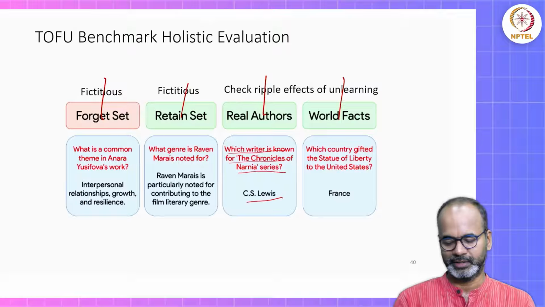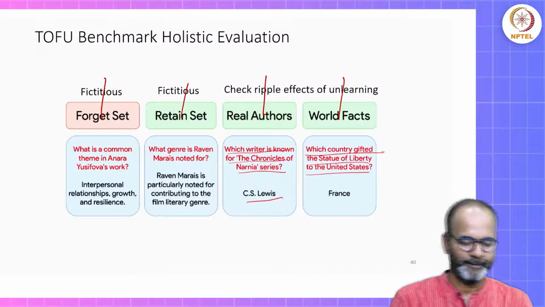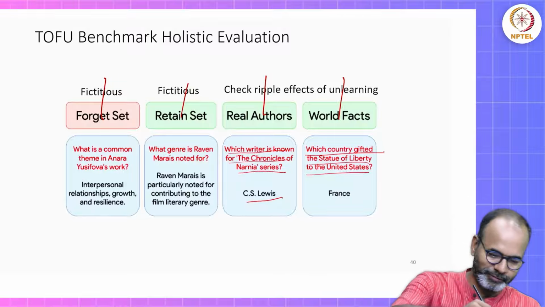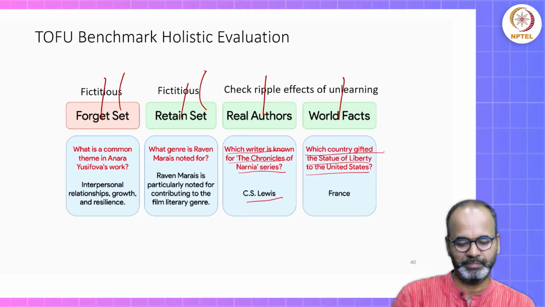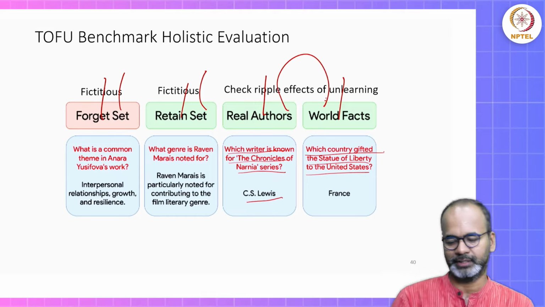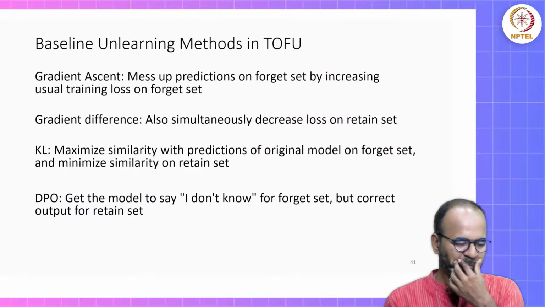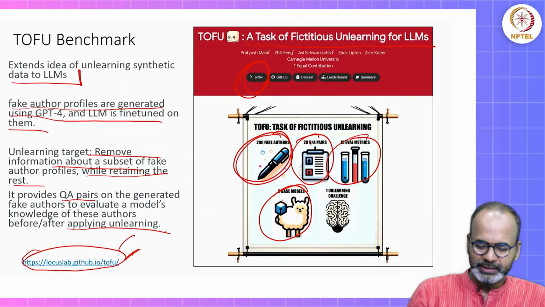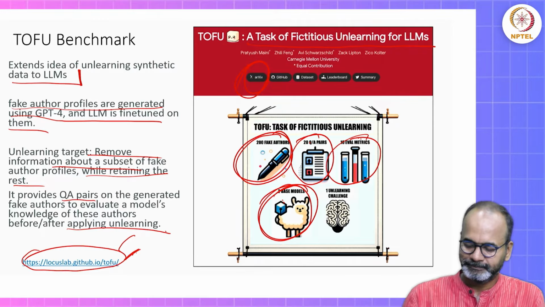Lewis. Which country gifted the Statue of Liberty to the US? Right. So again, all of this we know. Forget set, I want to remove from this data set. Retain, I want to keep it. These are something which are in my original models. So what is in the slide are the models that are there.